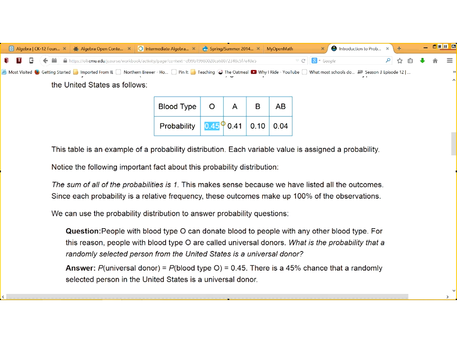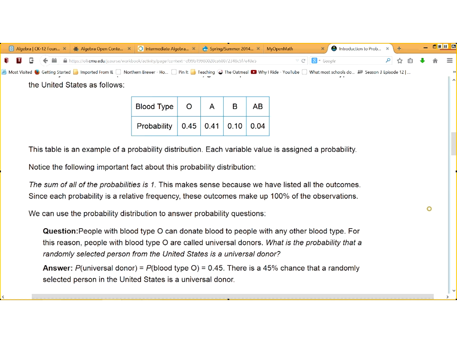The probability for a single outcome, so the probability that if you pick one person that they're blood type O, or you can think of it as the percentage of the whole population, that 45% of everybody is type O. It's the same with coin flips: the probability for one coin flip that it'll come up heads is 1/2, and what that means is 50% of all coin flips are heads.